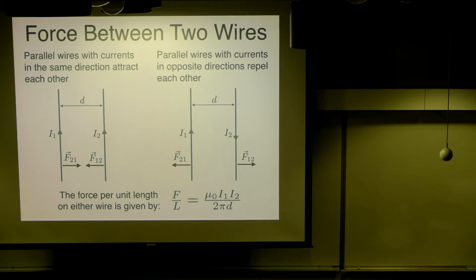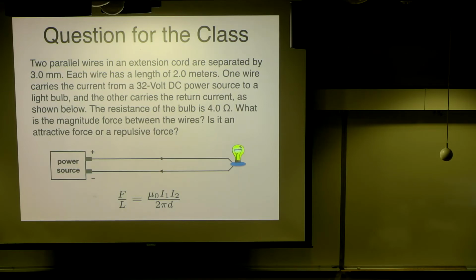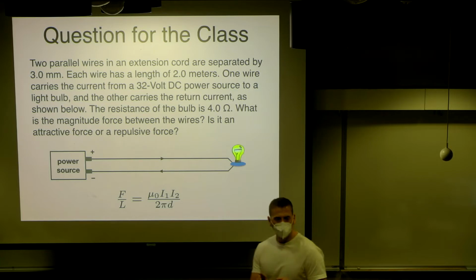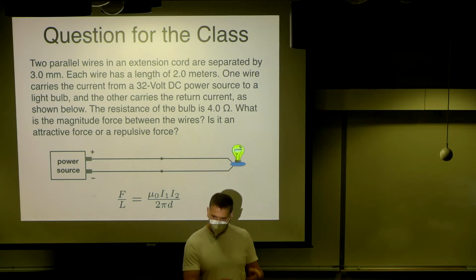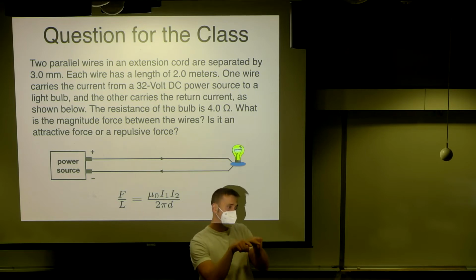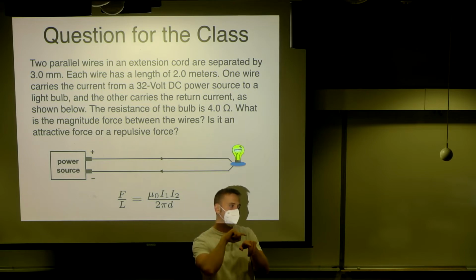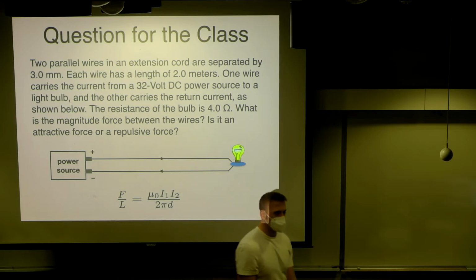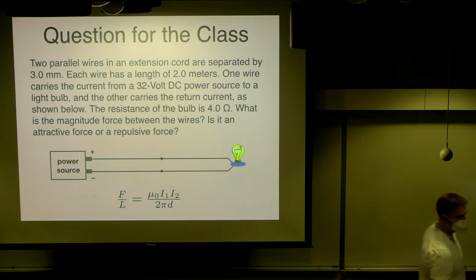So let's do a few examples now where we use the result. Here's one that I want you to work out, okay? So let's say we have an extension cord, and keep in mind that when you hook up an extension cord to your wall outlet, there are two wires inside that extension cord, right? One is carrying a current going towards your device, the other is carrying what's called the return current coming back into the wall, okay?